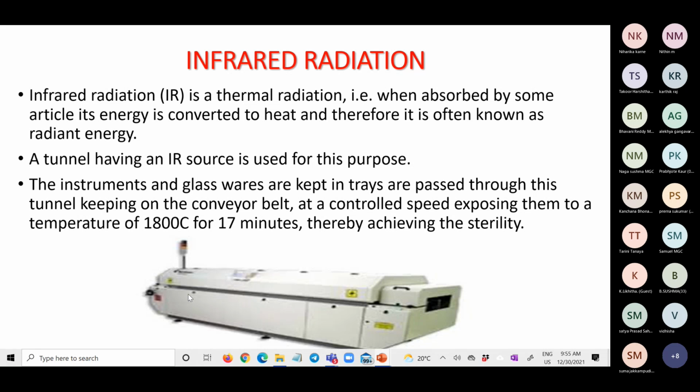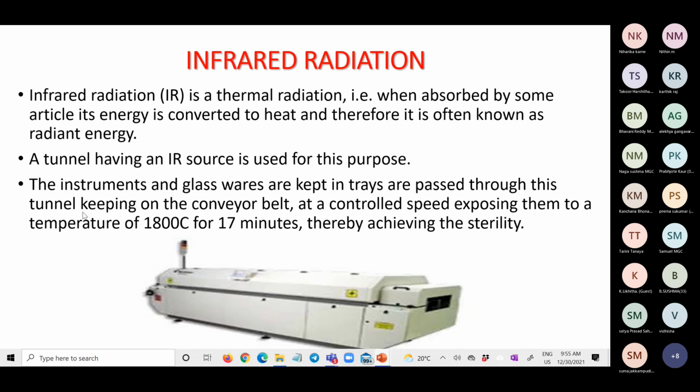There should be the source of IR, and one tunnel must be there. This complete instrument comprises of these. Now what is happening during the sterilization process? The instruments and the glassware are kept in trays and passed through this tunnel.